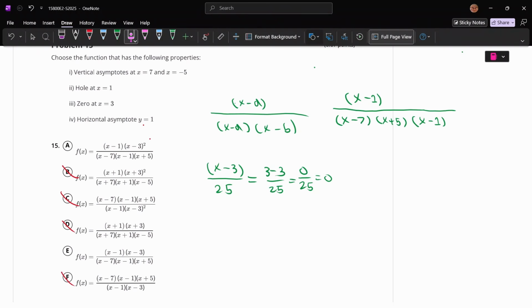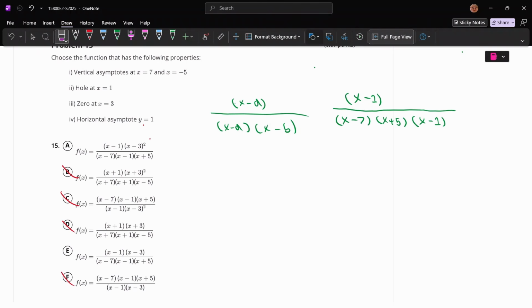So that brings us down to our last case of a horizontal asymptote at y is equal to 1. Now for that, let me write it out.